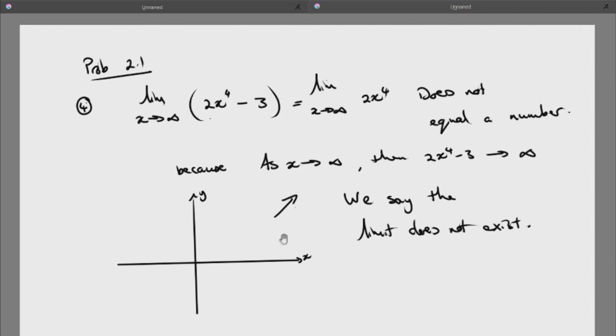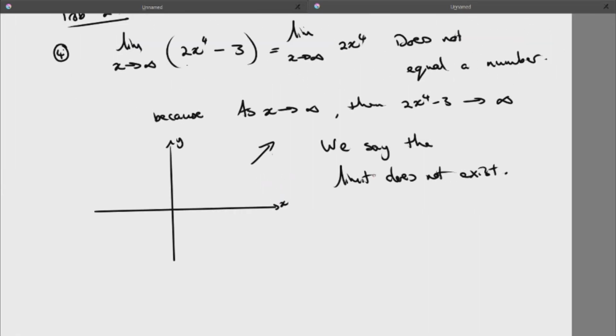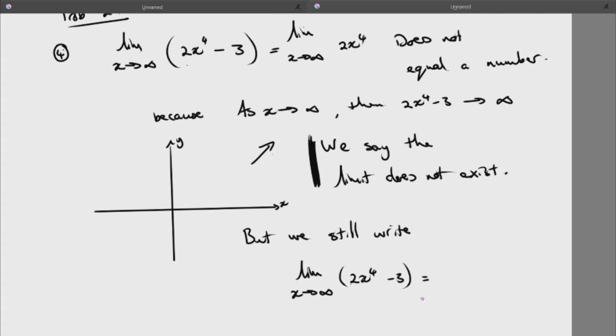Now, in some cases, we understand the limit doesn't exist, very important, but we still sometimes write limit as x approaches infinity. My function is over here. We want to indicate a little bit more, because if I just say it does not exist, sure, that is right.